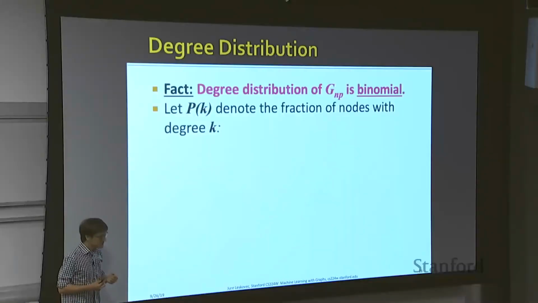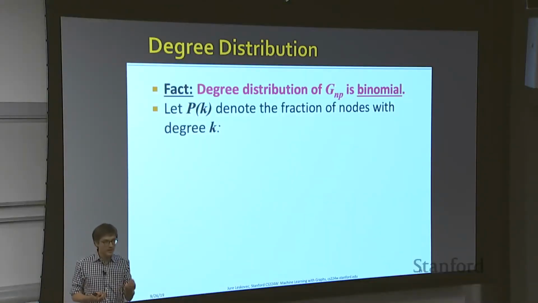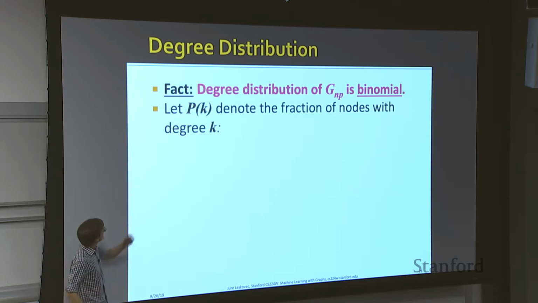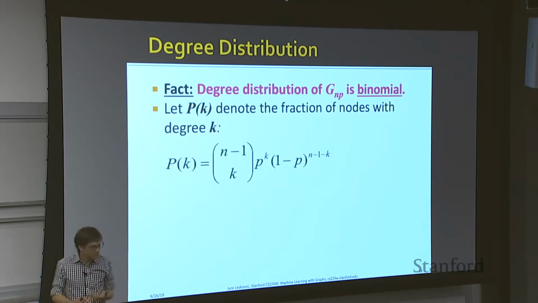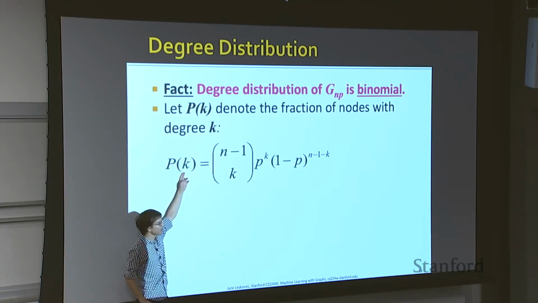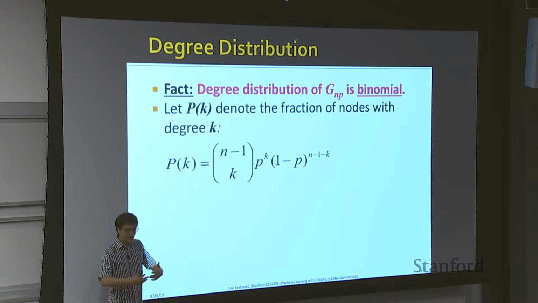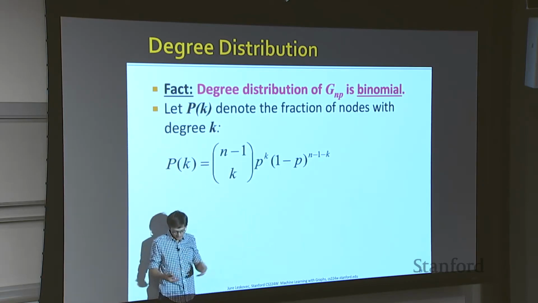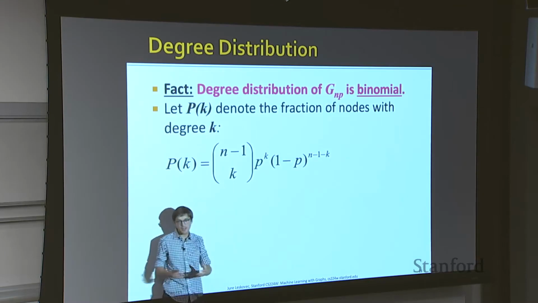Okay, so the first fact is the following. For a G(n,p), so for a graph with n nodes where every pair of nodes is connected independently with probability p, the degree distribution is binomial. The way you figure this out: let p_k denote the fraction of nodes with degree k. Then you can ask, how many nodes do I expect to have degree k? If I have a node, there are n minus 1 other nodes, and out of these n minus 1 I have to select k of them.